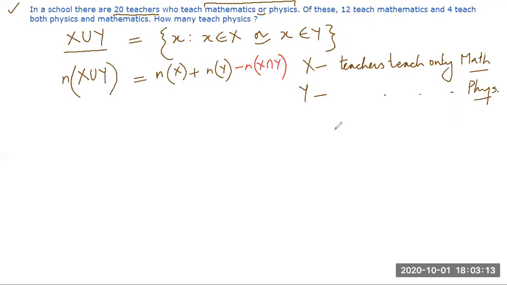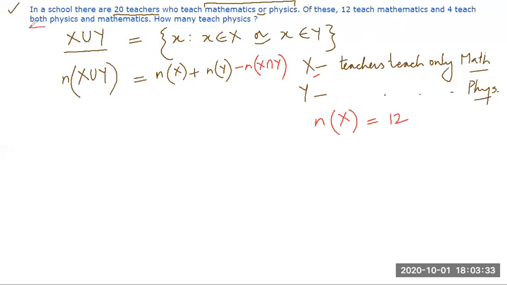12 teach mathematics. Now, mathematics is represented by X, so that is the number of elements in X, who teach mathematics. The writer should have written 'only' here also, teach mathematics. So this is 12. And 4 teach both physics and mathematics.